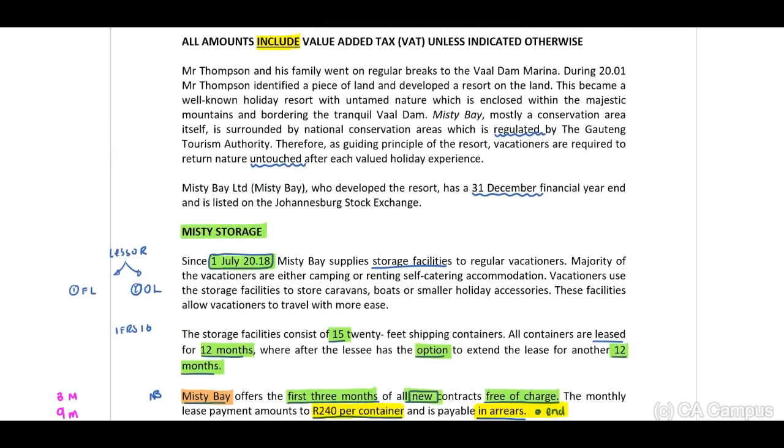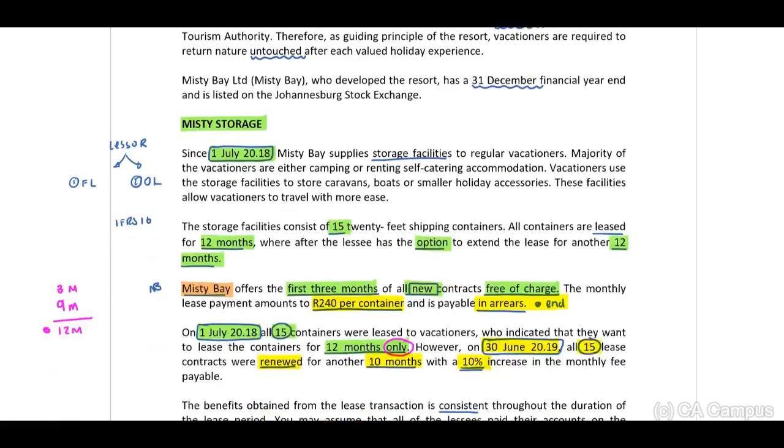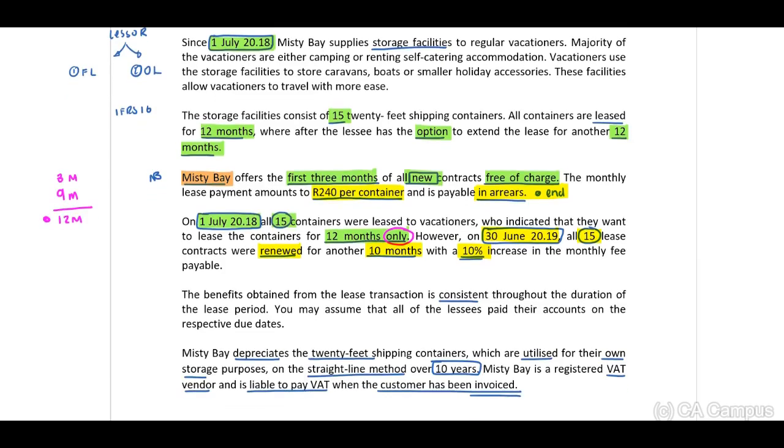You will remember at the top, they've indicated to us all amounts include VAT. Then you will also remember, at the bottom of the screen, they've indicated to us that Misty Bay depreciates the 20-feet shipping containers which are utilized for their own storage purposes on a straight line method over 10 years.